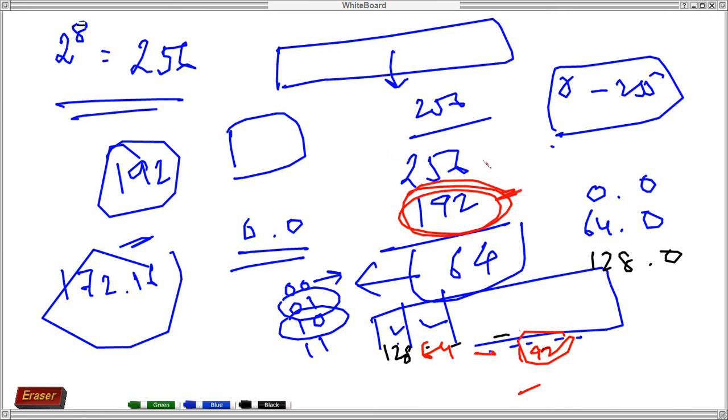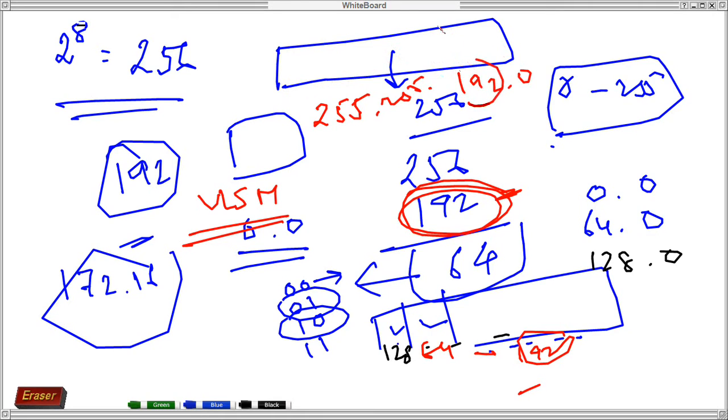When I was calculating the VLSM, the variable length subnet mask, I was getting the value as 255.255.192.0. This 192 I was getting by setting 2 bits to 1 and the remaining 6 bits to 0. So this value is 192.